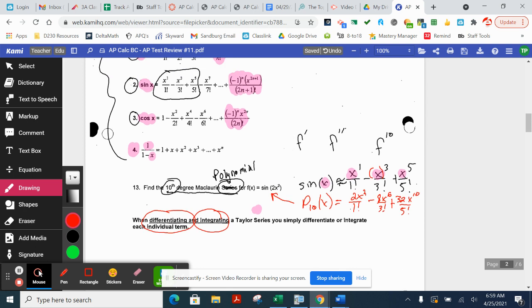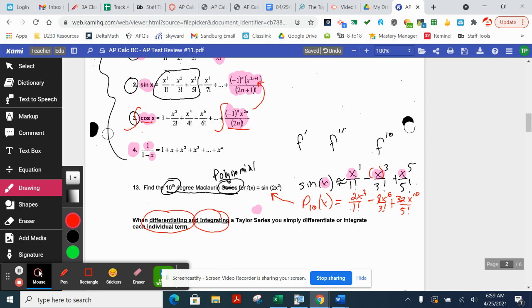That is best demonstrated here. If I write cosine is equivalent to this, and I do the antiderivative of this, it should just be the antiderivative of this. Notice how if I add 1 to this power, I get an x to the 2n plus 1, and then I would divide by that, right?